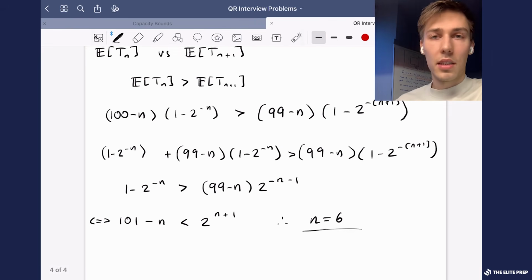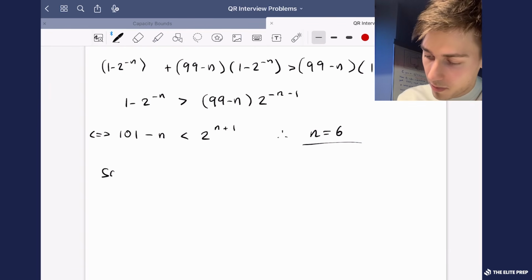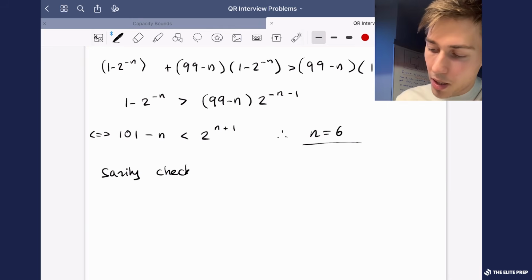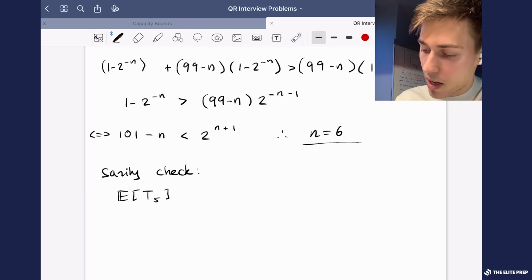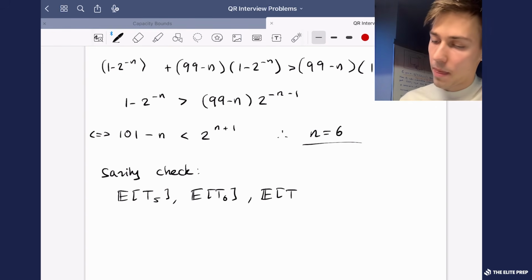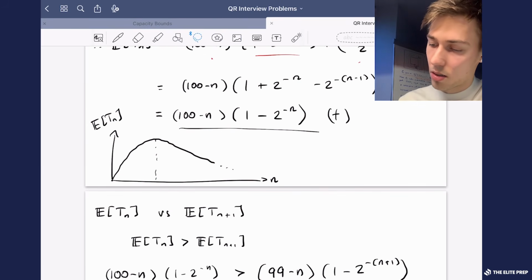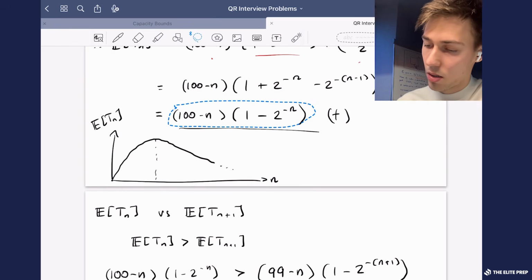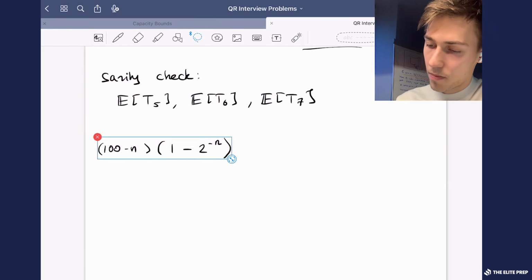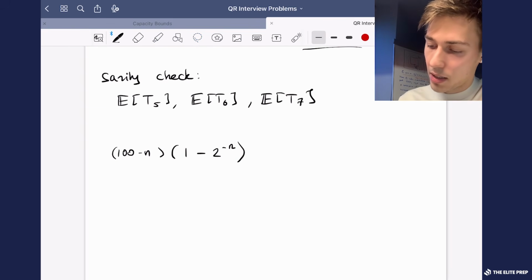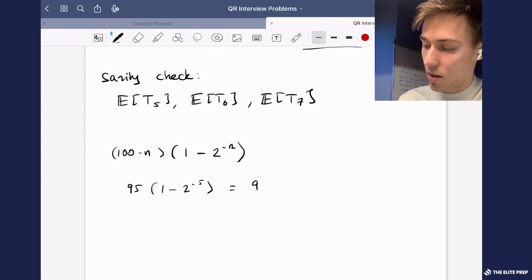So then, just as a sanity check, we can consider the expected value of T5, the expected value of T6, and the expected value of T7. So recall the formula we had. In T5 we have 95 times 1 minus 2 to the minus 5. That's equal to 95 times 31 over 32.